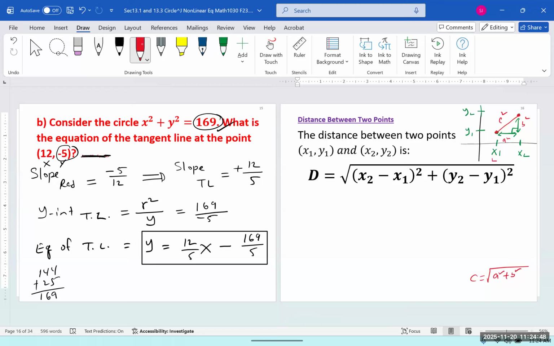It's the distance from x1 to x2. So x2 minus x1 squared. What is b? It's the distance from the y's. So y2 minus y1. It is the square root. That's the distance formula. So it's basically the Pythagorean formula. It looks different.